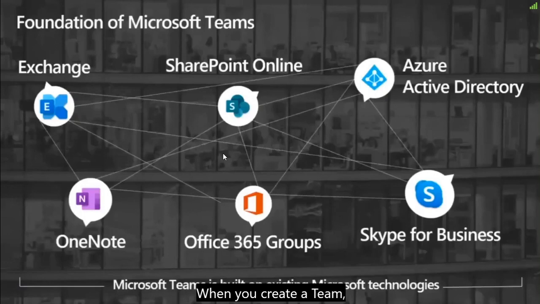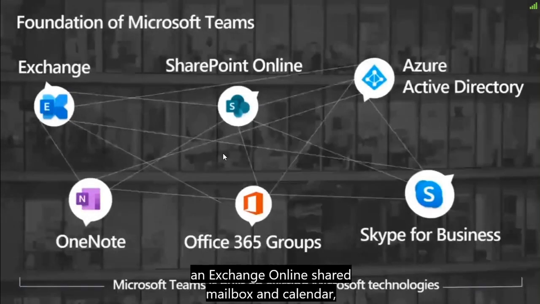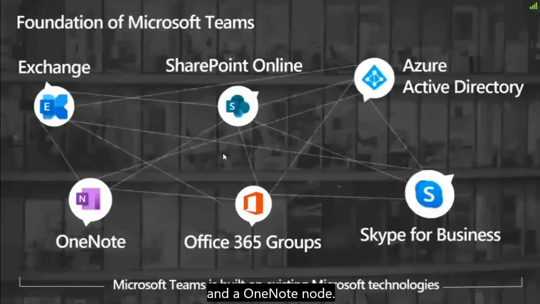When you create a team, the following gets created: a new Office 365 group, a SharePoint Online site, a document library to store team files, an Exchange Online shared mailbox and calendar, and a OneNote notebook.